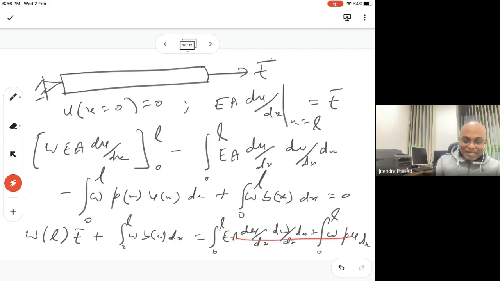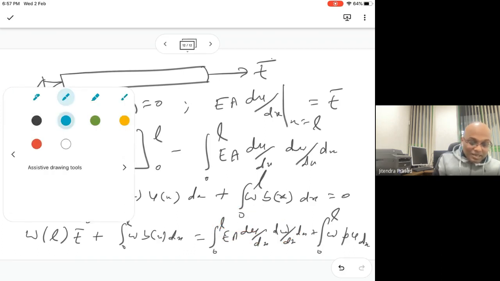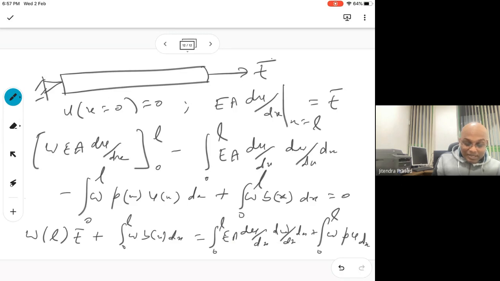This side you will end up with alpha and beta both. This side you will just have beta only. So beta cancels out. What remains is alpha this side, right? What I mean to say is this will end up with an equation, and maybe you will understand later on. So this becomes of the form f equal to ku.